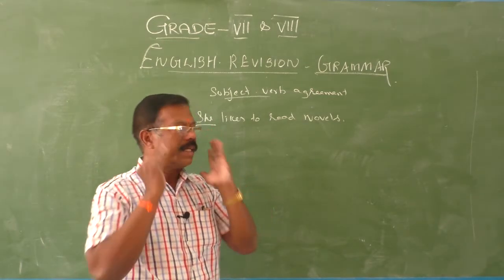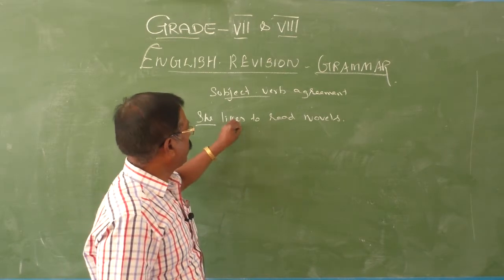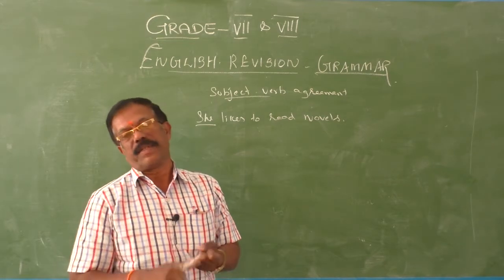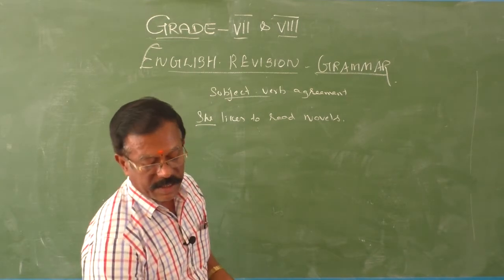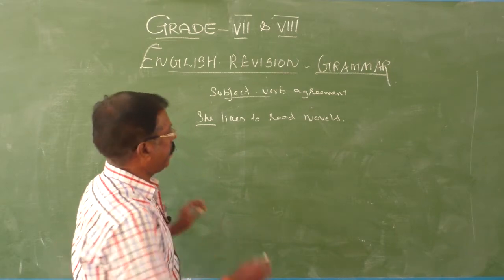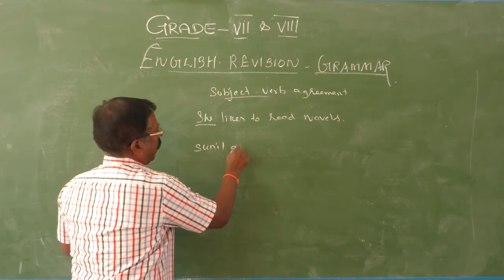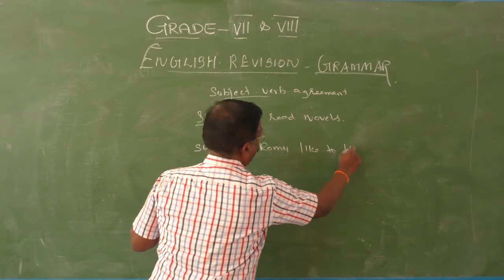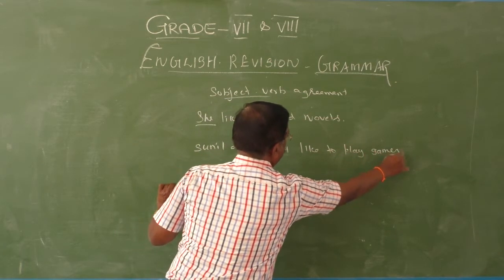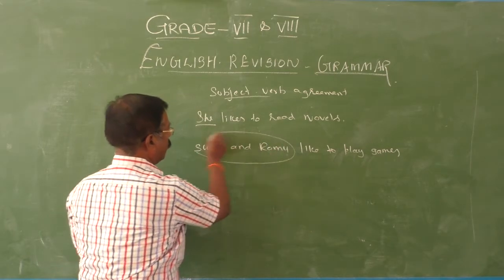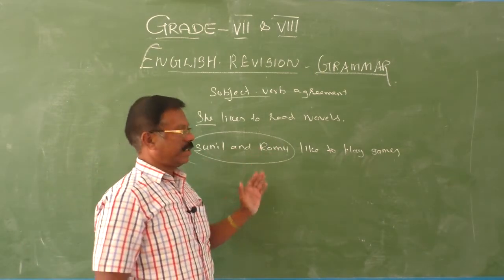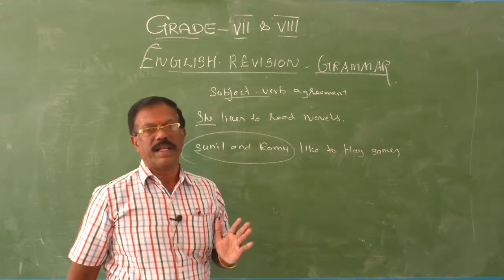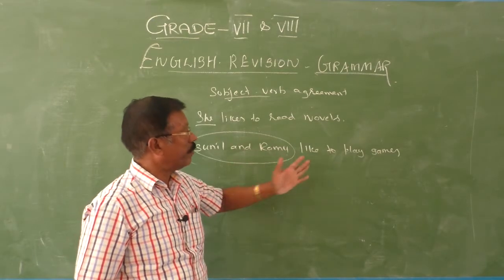The subject is singular, and the verb likes is also singular. So a verb should agree with the subject in number and in person. See the next example. Sunil and Ramu like to play games. The subject Sunil and Ramu is plural. When you connect two singular subjects using and, they become plural. When the subject is plural, the verb should also be plural.